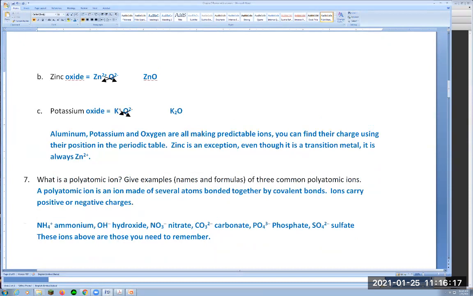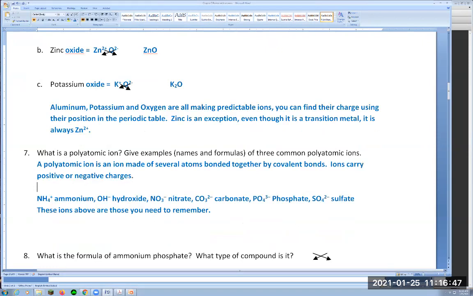The ammonium, the hydroxide, OH-, the nitrate, NO3 -1, carbonate, CO3 -2, phosphate, PO4 -3, sulfate, SO4 -2. These are the ions you need to remember. And I think you can add also the hydrogen carbonate. So that answers question 7.